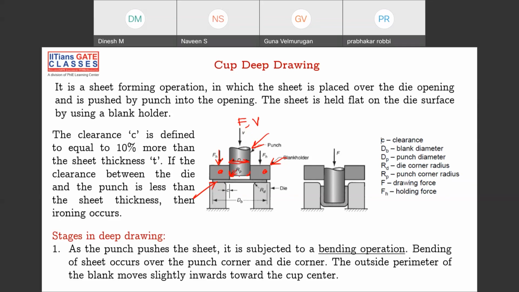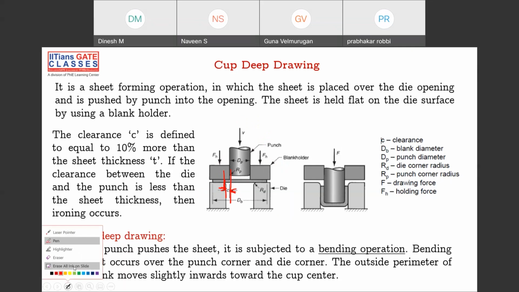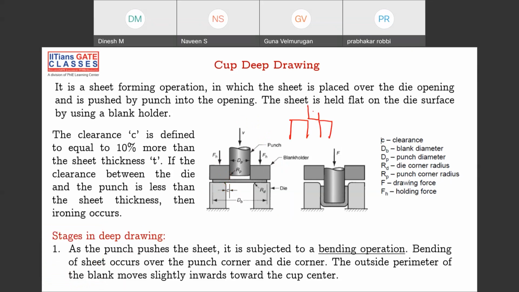Now when you apply force, you have to provide some kind of clearance. So what is the clearance here? The clearance is this. Why are you providing clearance? Obviously, if you are not providing clearance and your punch is exactly the same dimension as the die, where is the material going to go?